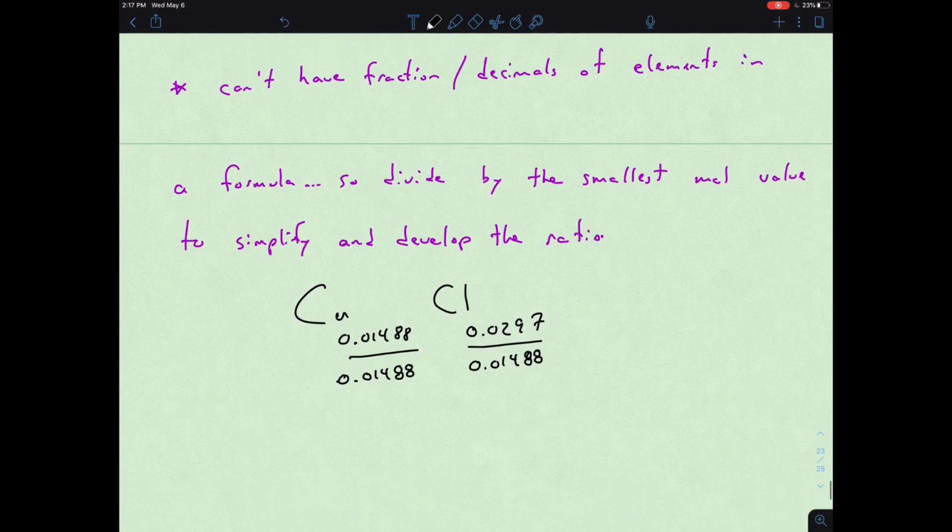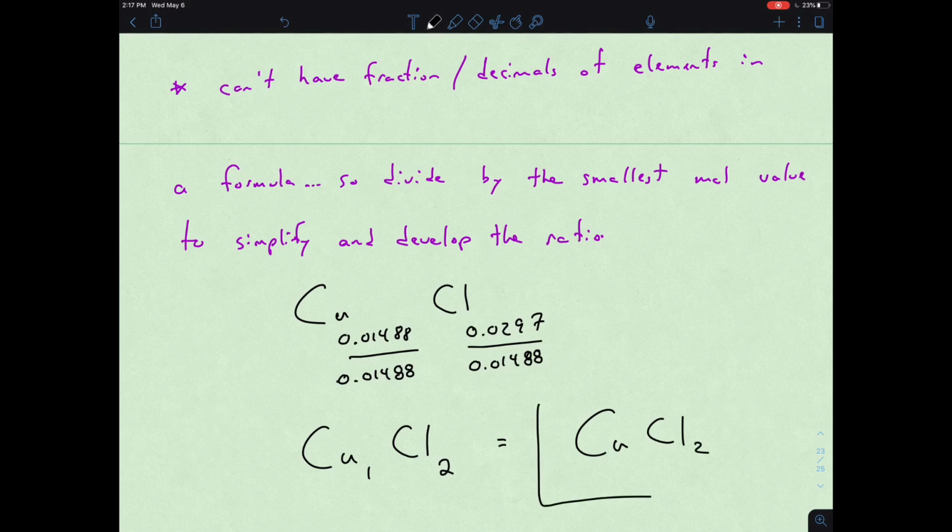And when we do that, we get copper 1, Cl2, or our formula is CuCl2, or cuprous chloride, or our copper(II) chloride. So that's one way to develop an empirical formula, is through the mass of the elements that actually make up the formula.